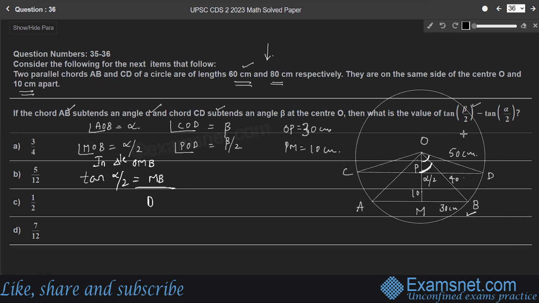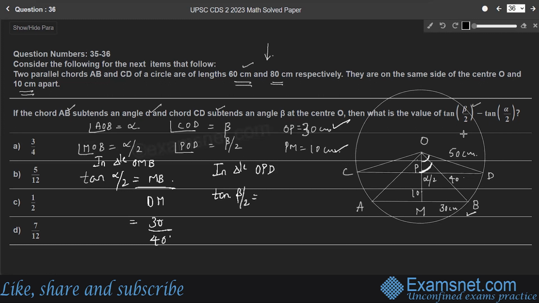Since MB is 30 and OP is 30 centimeter, PM is 10, so OM is 40. Tan alpha by 2 is 30 by 40, or 3 by 4. Now we'll consider another triangle, OPD, for tan beta by 2.